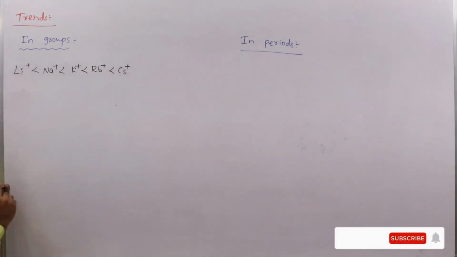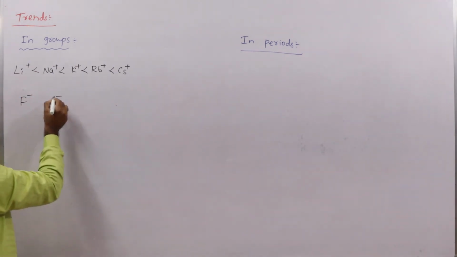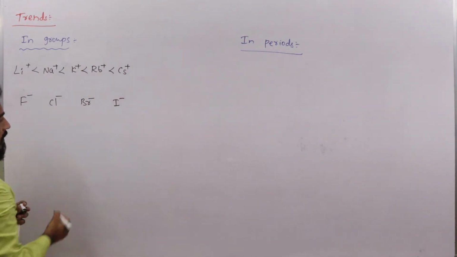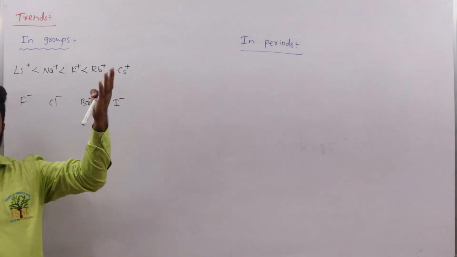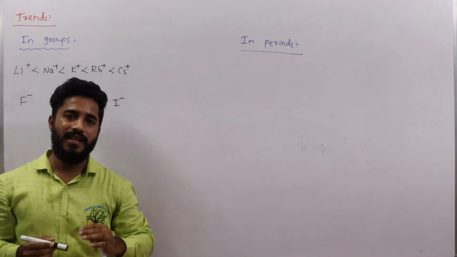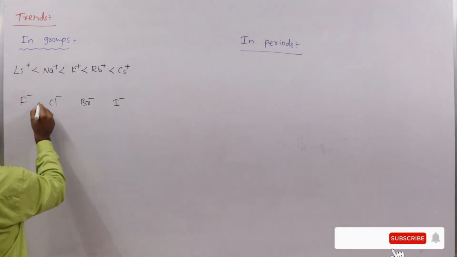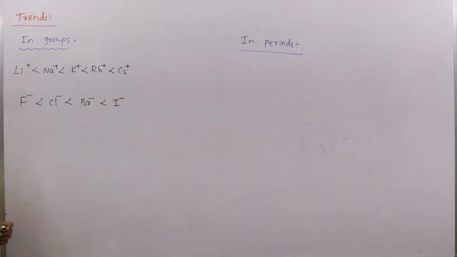If we take anions like F minus, Cl minus, Br minus and I minus, here also from fluorine to iodine, from top to bottom in a group, as the number of shells increases, ionic radius increases. So we can write I minus has the most ionic radius.